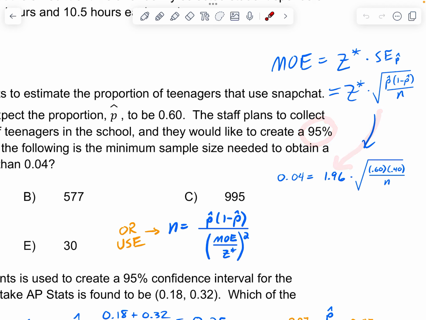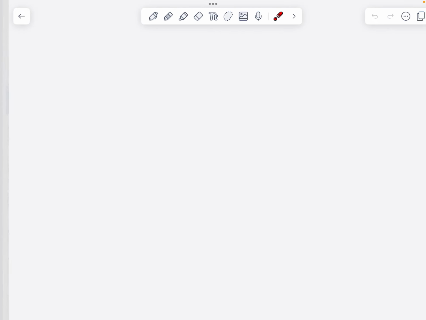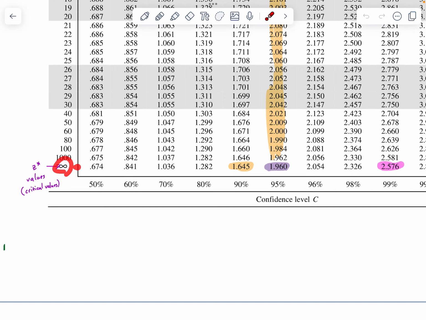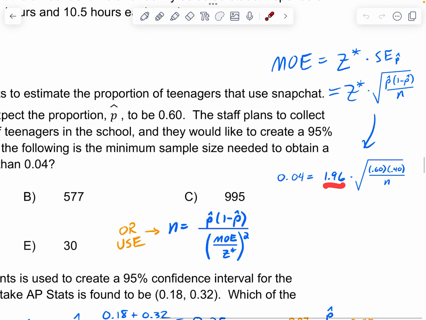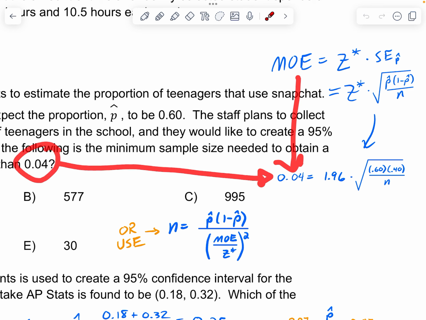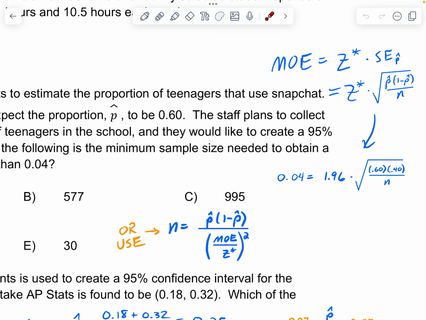And I just looked that up a few minutes ago in the video, right? It's on the bottom, on the infinity row right here at 95%. So we have this. Your margin of error is given to you right here, 0.04. And then it says 60% is your p hat, so that's 0.60, and this is 1 minus 0.60.